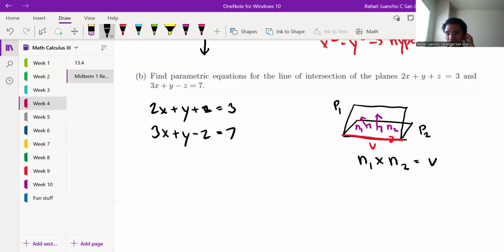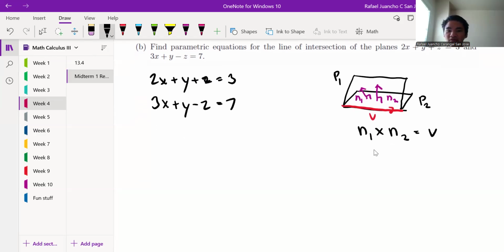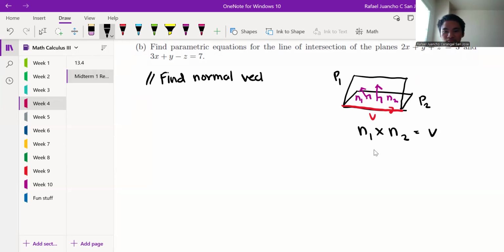We need that direction vector in order to find our parametric equations. Okay, so that's what we're trying to do. We need to find a direction vector and a point for a line, right? So our first step is to find a direction vector that's actually parallel.